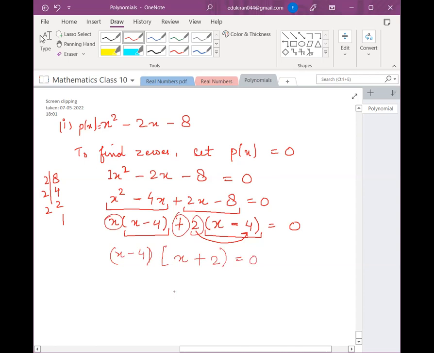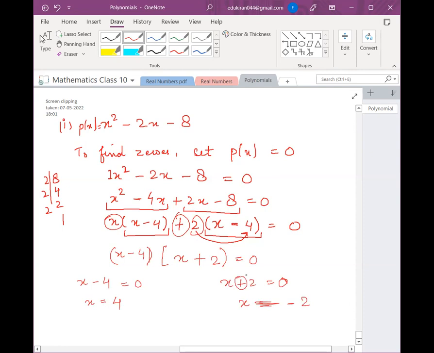Okay. So first you do x minus 4 is equal to 0, and here you do x plus 2 is equal to 0. So you will get two values for x. So this will give you x is equal to, take 4 on the other side, it will become plus, x is equal to 4, and here 2 will become minus, x is equal to minus 2. Clear? Why minus 2?